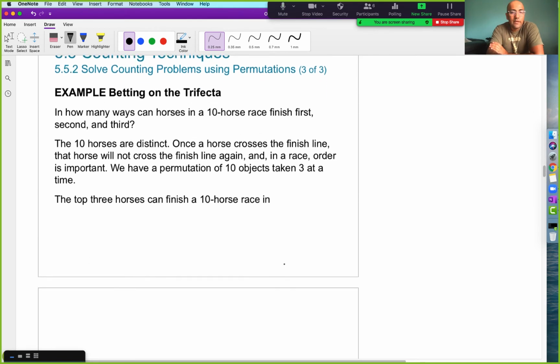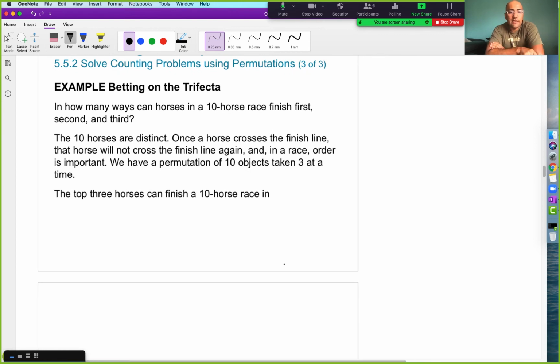Here's an example. In how many ways can horses in a 10-horse race finish first, second, and third? Right? So how many different outcomes can there be? And obviously, order is important. So this is going to be permutations of 10 choose 3. There are 10 unique items to choose from. We're going to be picking 3 of those items.